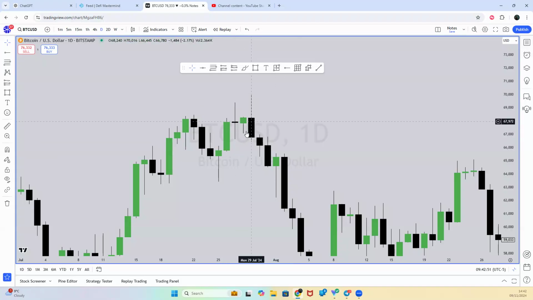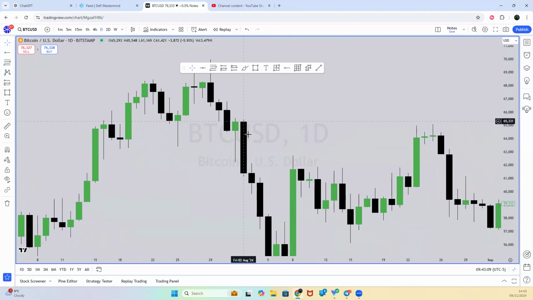So once again, an engulfing candle just shows that there is momentum in the move. And this isn't quite engulfing because it doesn't quite reach the same high as this previous green candle here, but I would pretty much call that engulfing as well, because it engulfs pretty much that whole candle.